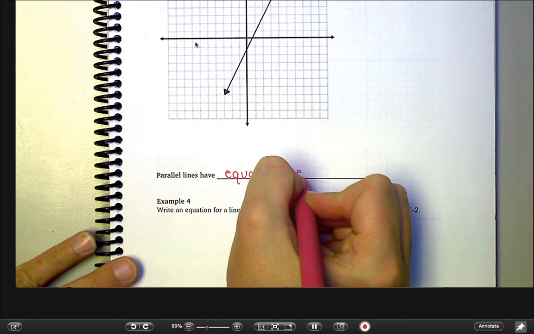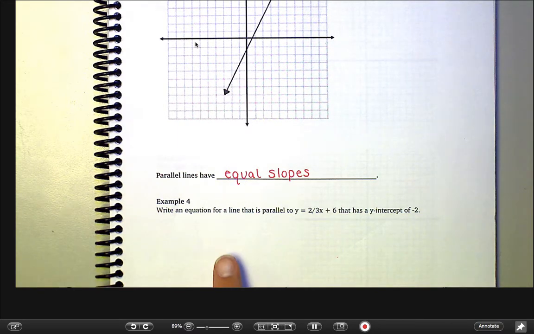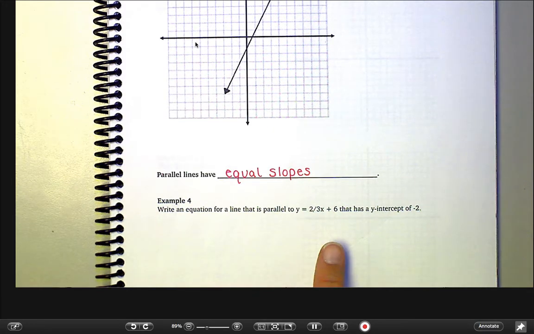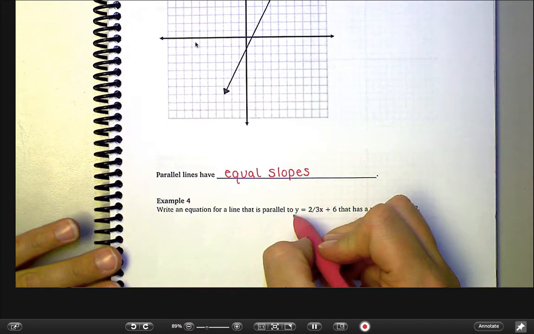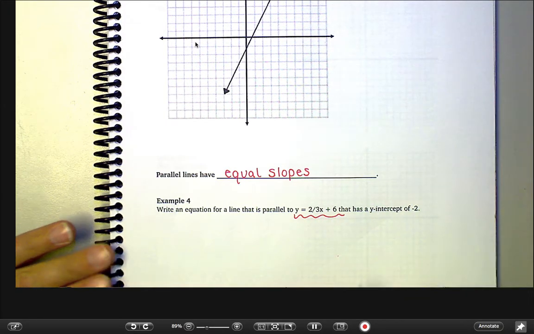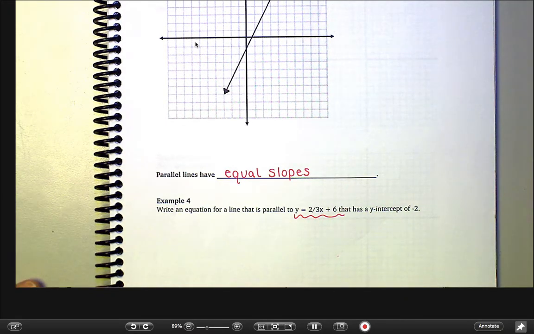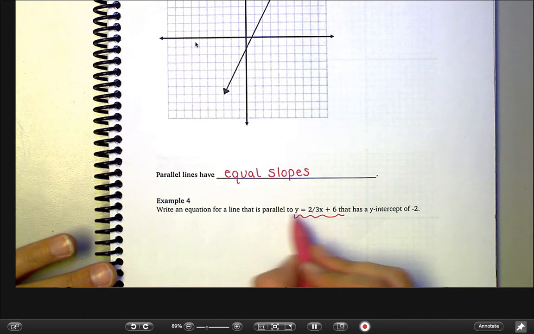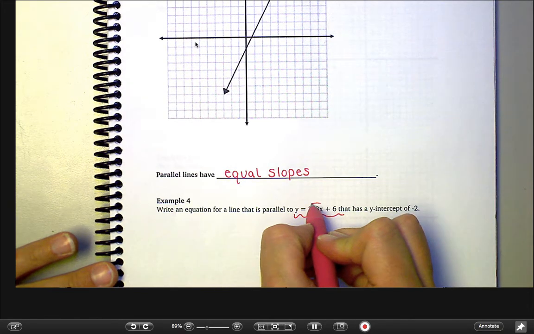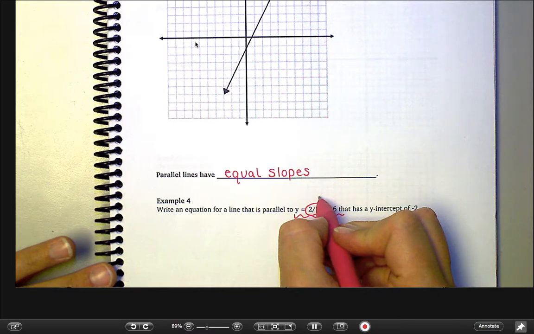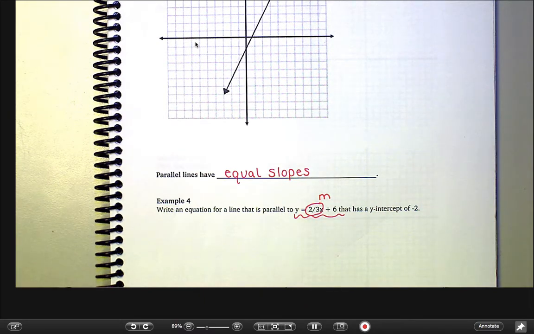Okay? So when I see a question like this, example 4, write an equation for a line that's parallel to this one. The only thing I care about in this equation right here, the only reason that equation is even there, is if I want to be parallel to this line, I want to have this exact same slope. This is the only number that I really care about in that equation.